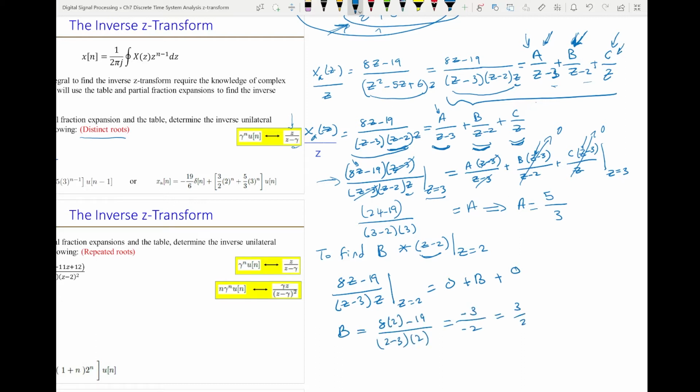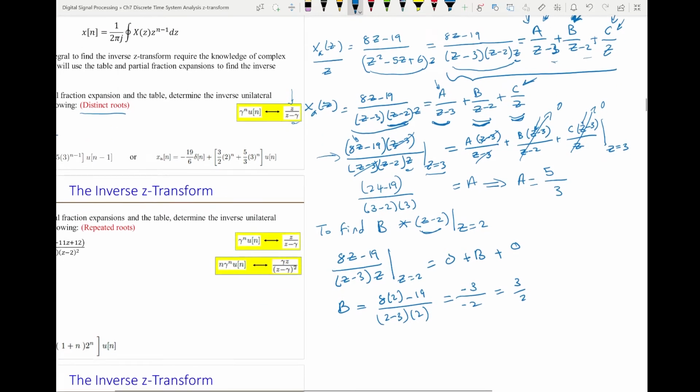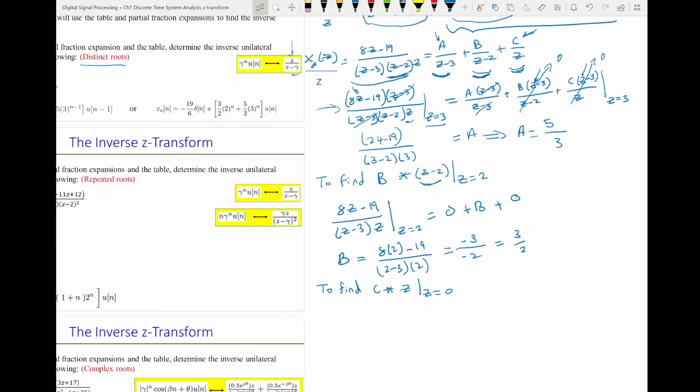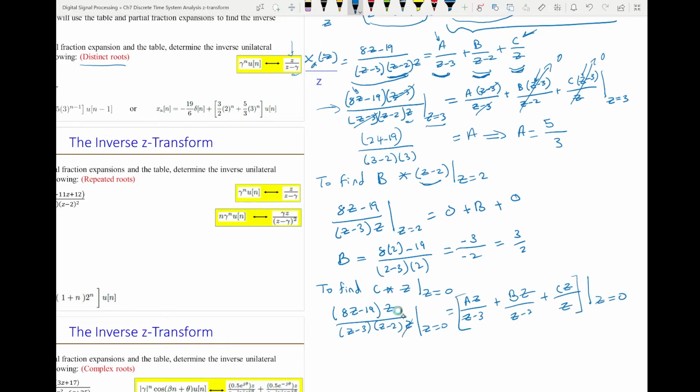Now to find C, I'm going to multiply everything by its denominator. Then it will be, so this cancels, and here I will have minus 19 divided by, here is 0, that will be minus 3, 0, that will be minus 2, equal.